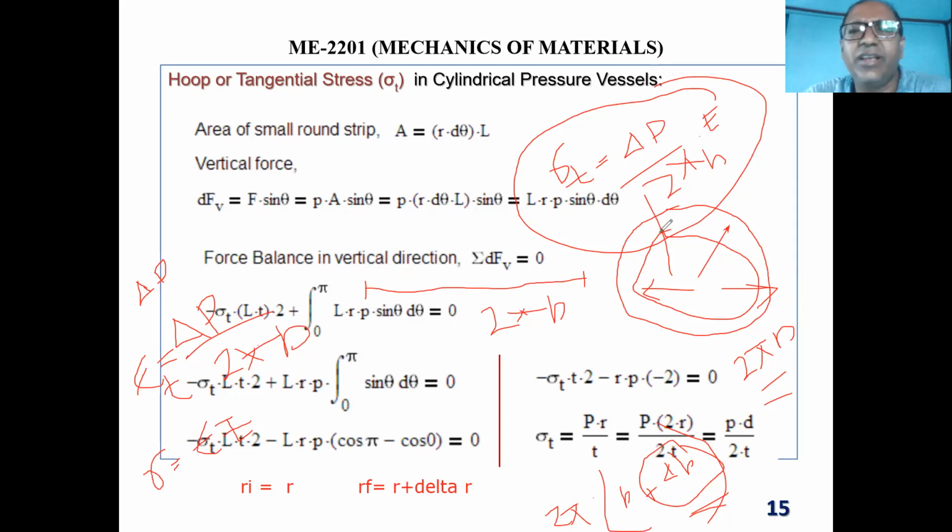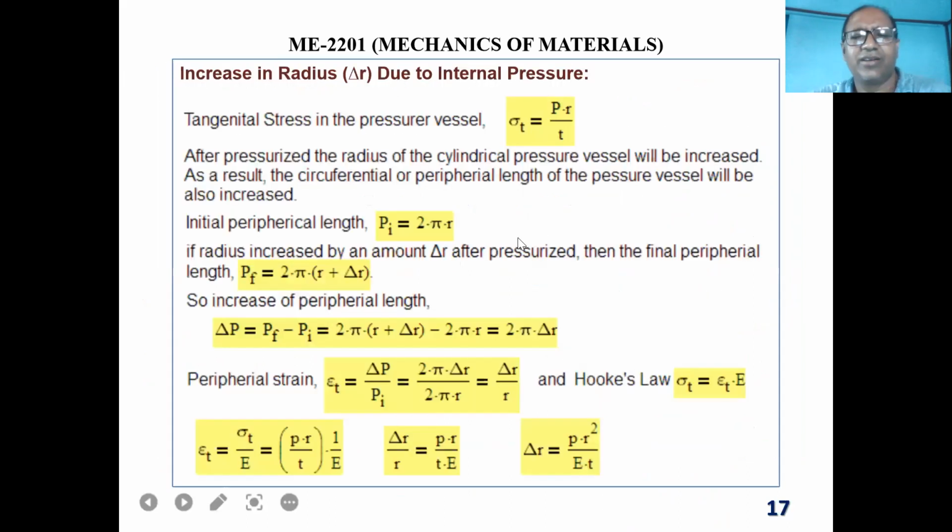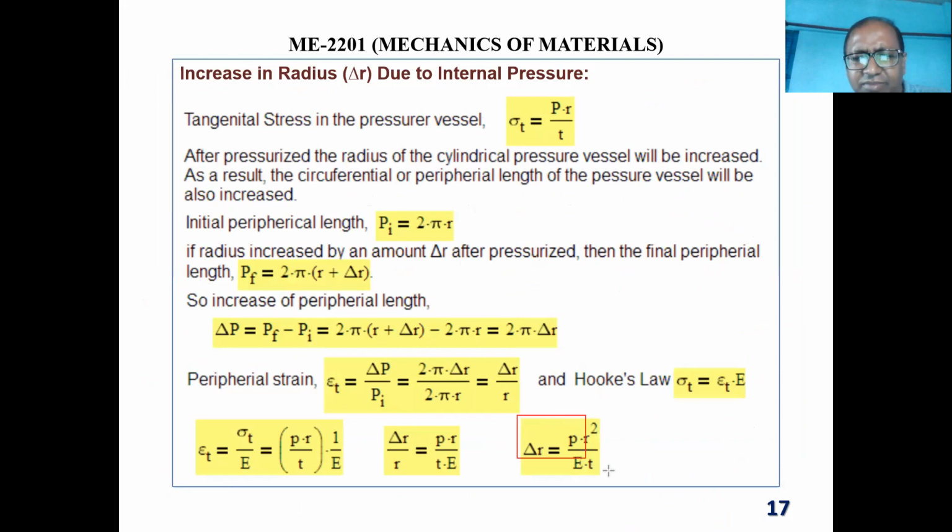So let's see what we discussed right over here. Okay, let's see how we can figure it out. If a pressure vessel is pressurized, its radius will increase by this amount. Now we can figure out the increase in radius.